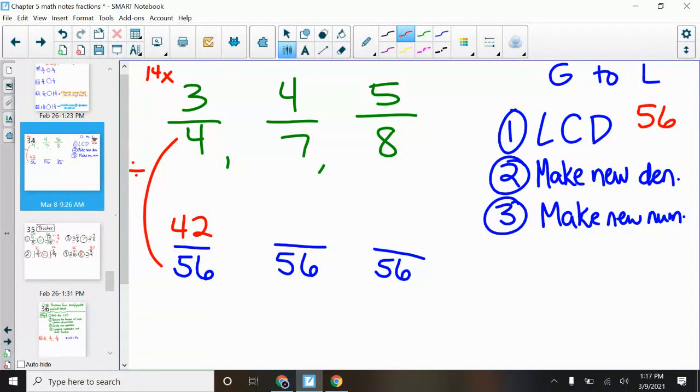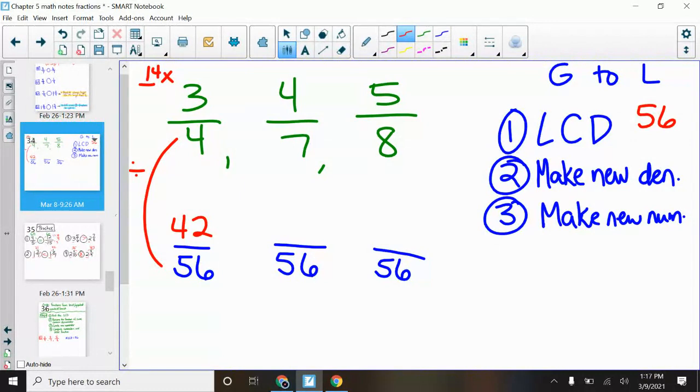That becomes your new numerator for that fraction. Do you see how I did that? I divided my denominators, got that answer, and then times it by the numerator that I already had. And then I got a new fraction down here below.